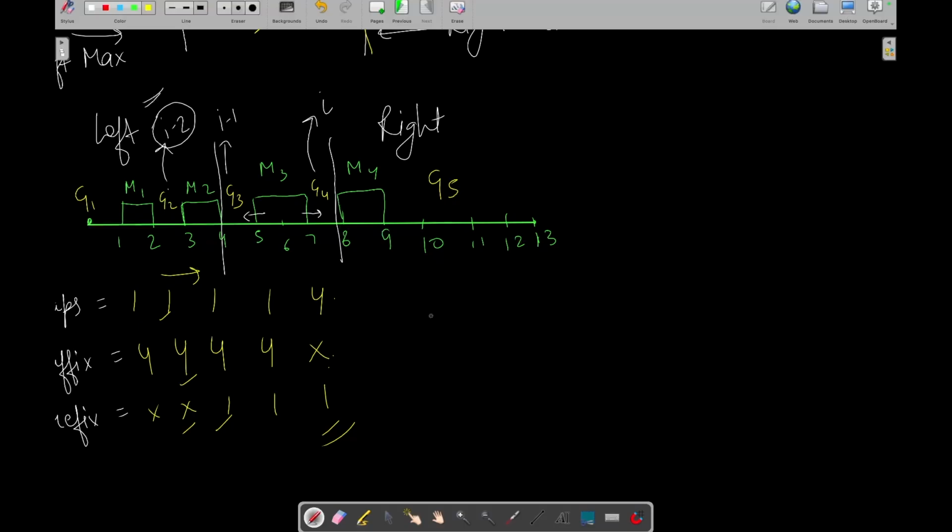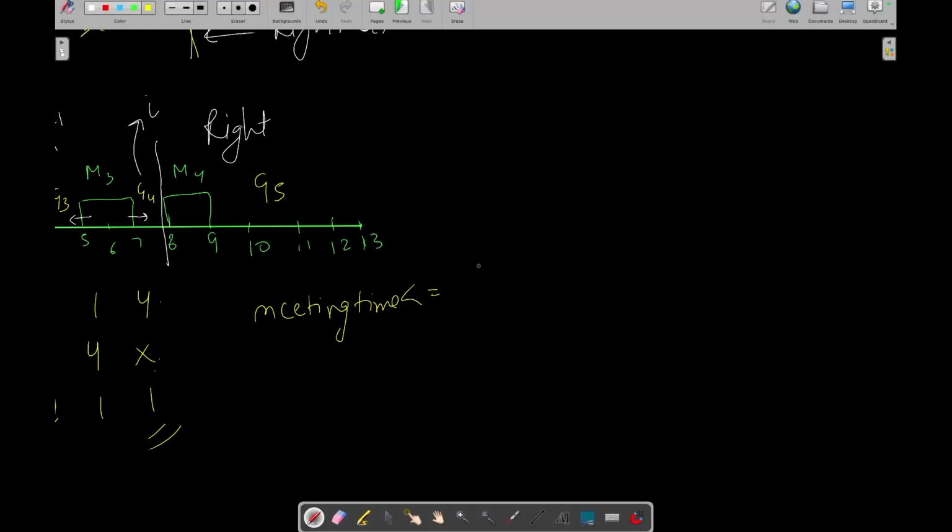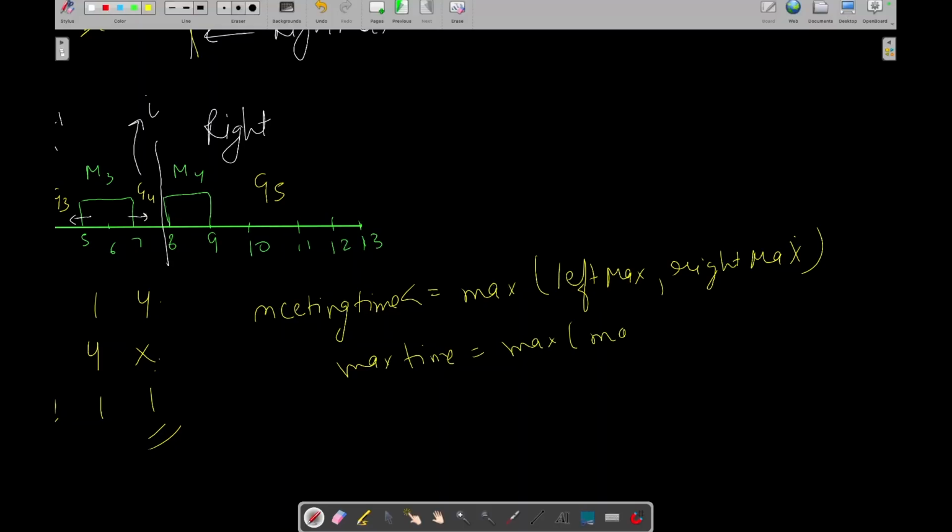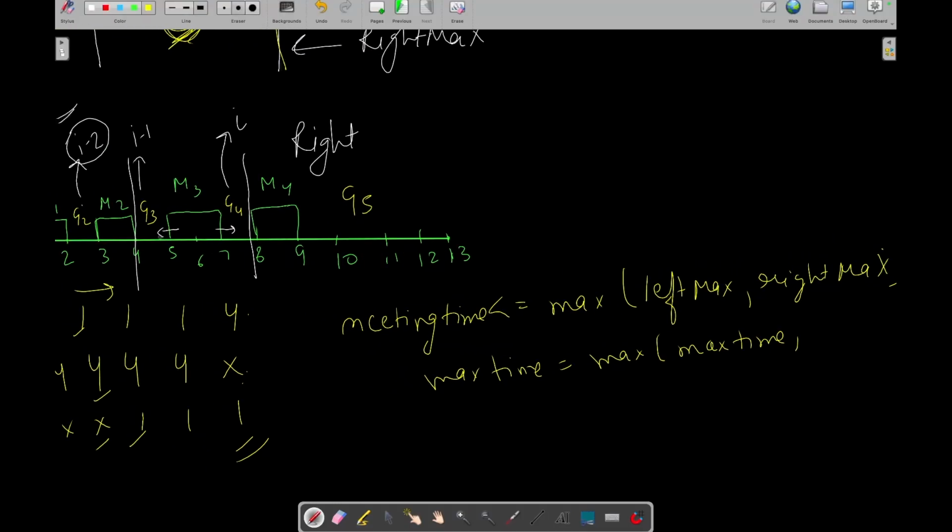And if the meeting time is less than or equal to the maximum of left max and right max, then we will store the maximum free time. What will come in this? Maximum of max time, comma, G3 plus G4 plus M3.